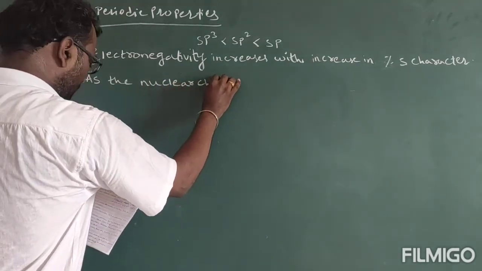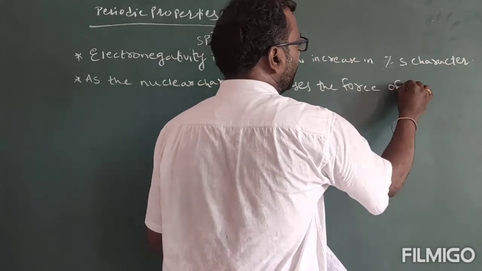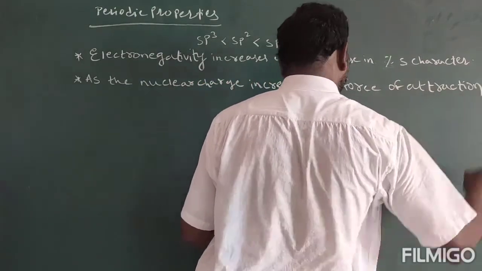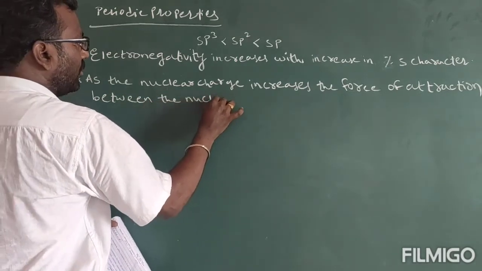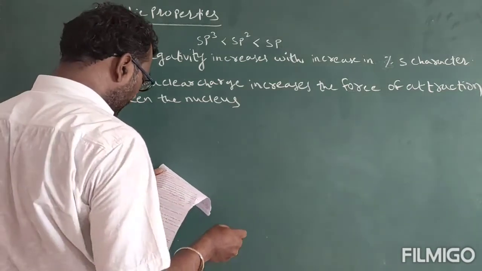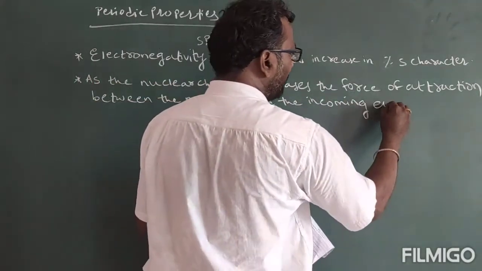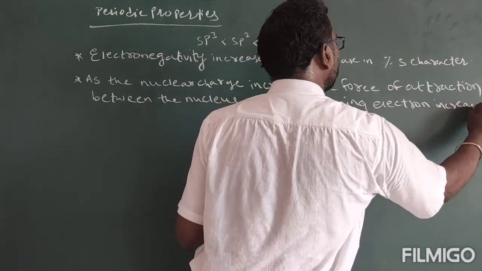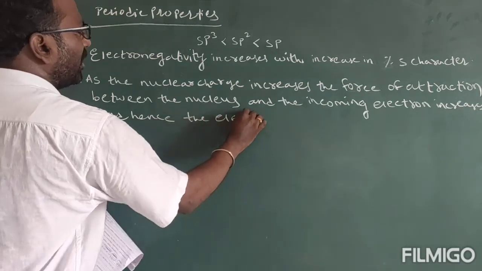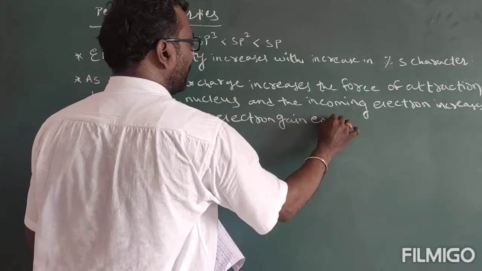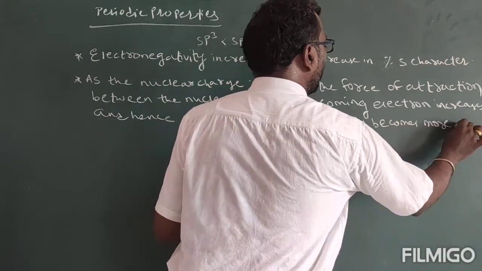As the nuclear charge increases, the force of attraction between the nucleus and the incoming electron increases, and hence the electron gain enthalpy becomes more negative.